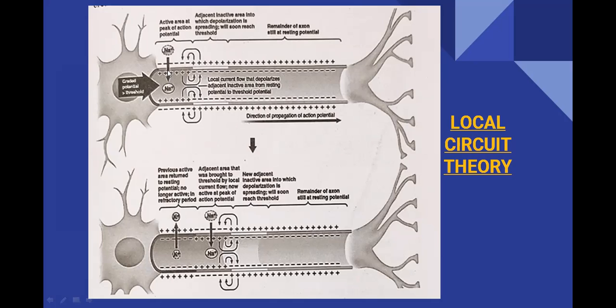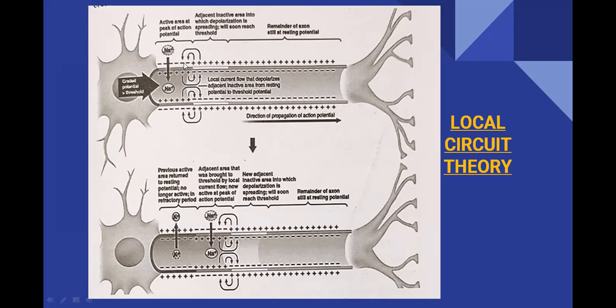So what is happening here? Inside, earlier it had negative charge, but now due to the entry of sodium ions, this is becoming positively charged, and outside will have negative charge. In this way, the inner side becomes positively charged and the outer side becomes negatively charged.